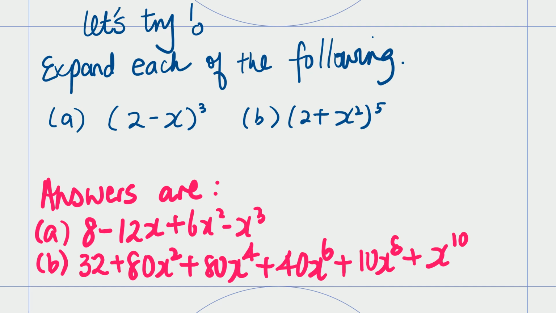So it's now your time to try to do the expansions on your own. Okay, the binomial theorem formula, I'm going to write it down for you.